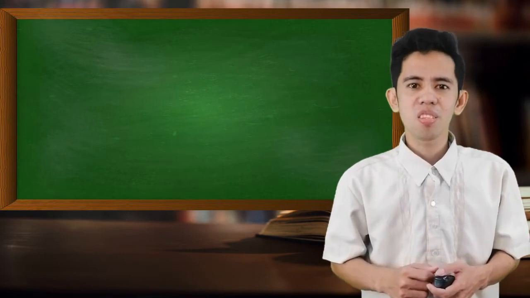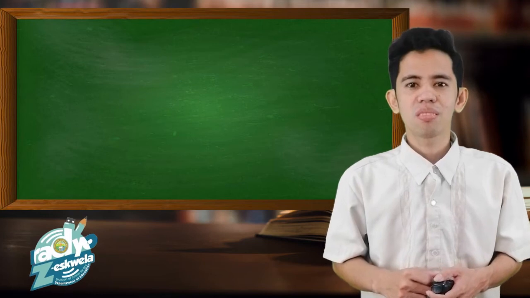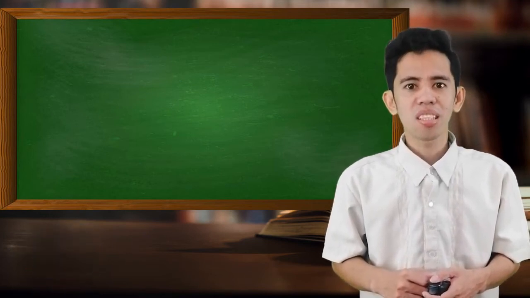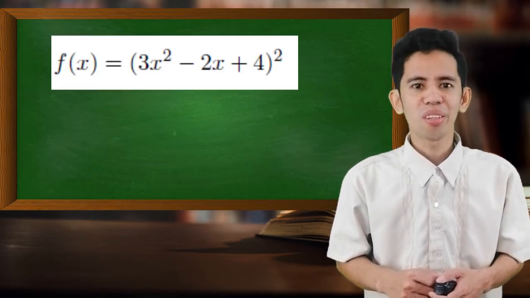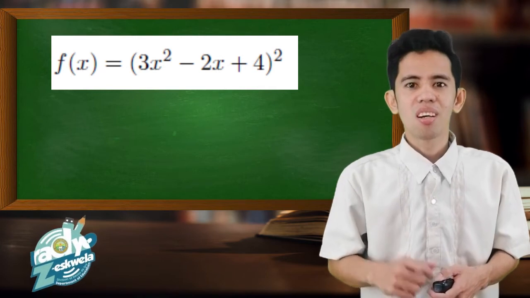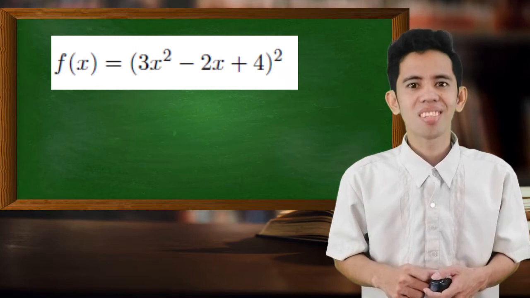Consider these following functions. Find the derivatives of f of x is equal to square root of quantity 3x squared minus 2x plus 4. Solve this in just 30 seconds.